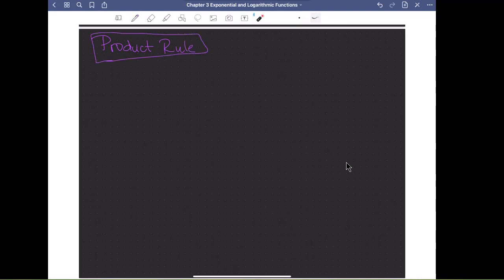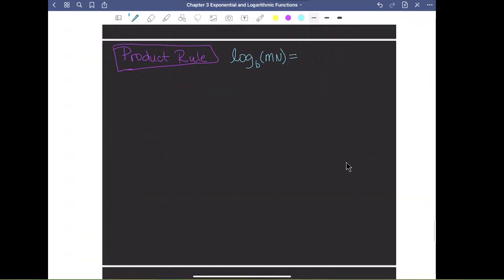And in mathematics, when we see the word product, product is like the same thing as multiplication, right? So the rule: if they give us the log of some base and they multiply two numbers together, let's say just m times n, to make it a more user-friendly type of problem where we can do some math here in a couple days, we can actually separate this.